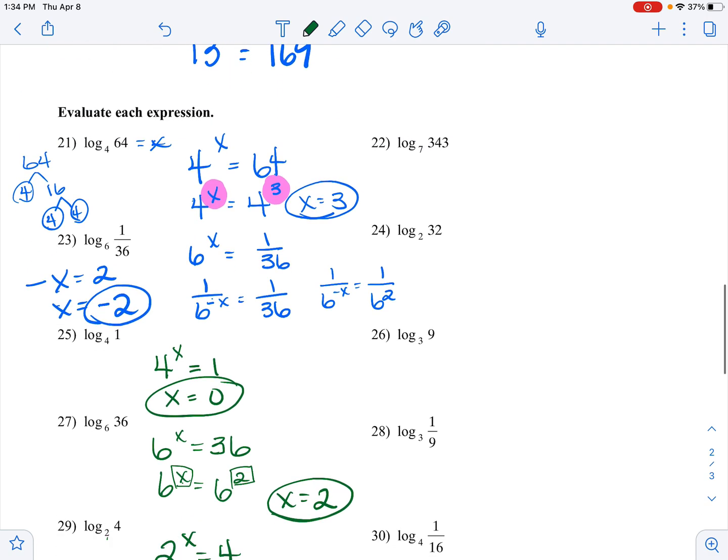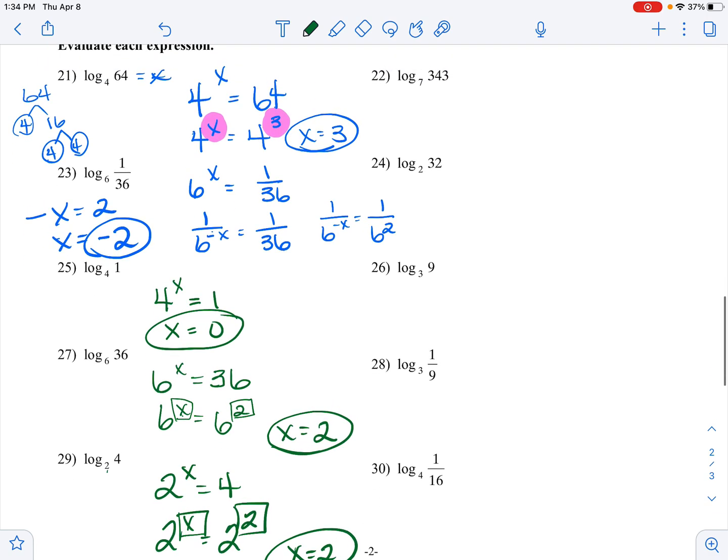So I want you to do each of these. Remember, because number 30 is a fraction, and because number 28 is a fraction, your answers are probably going to be negative. Hint, hint. Now I would use my orange paper if I don't know my powers, or you may need to use a factor tree if you're unfamiliar with how to break them down, but they are fairly standard numbers.